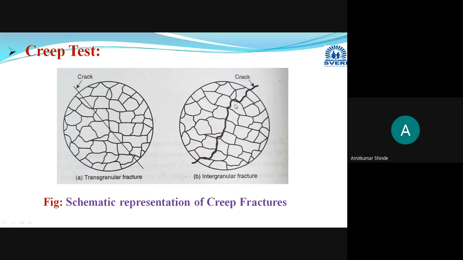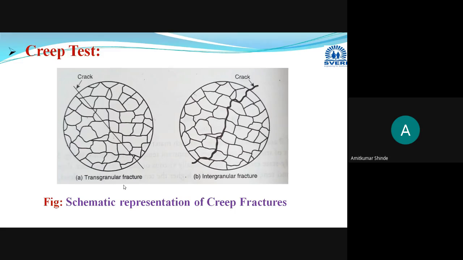A crack which moves through the grain is transgranular, and one which moves along the grain boundaries is intergranular.